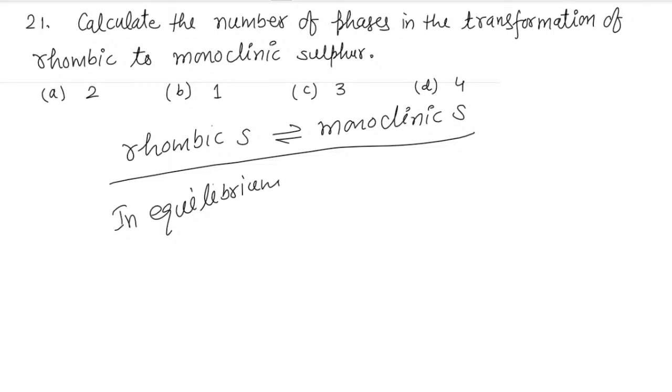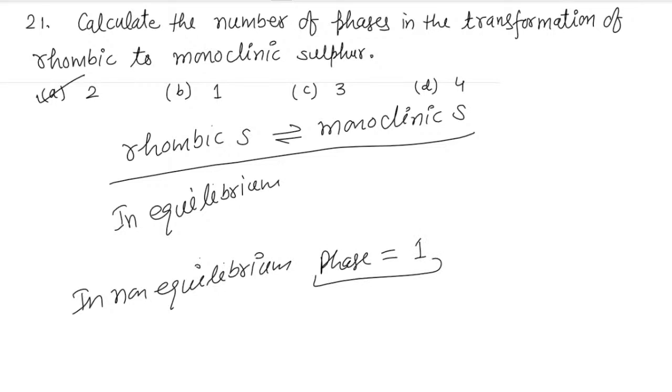So the number of phases is 2. In a non-equilibrium stage, it should be mentioned that on complete transformation of rhombic sulfur to monoclinic there is only one phase, because rhombic sulfur is completely transformed into monoclinic sulfur. But that is not the case here. So option 2 is correct.